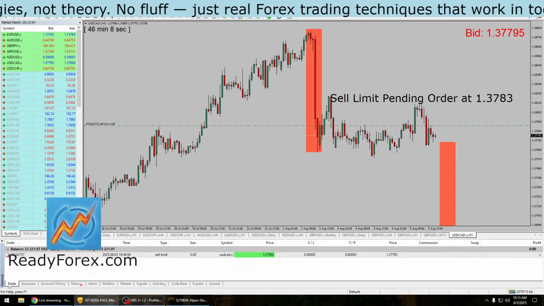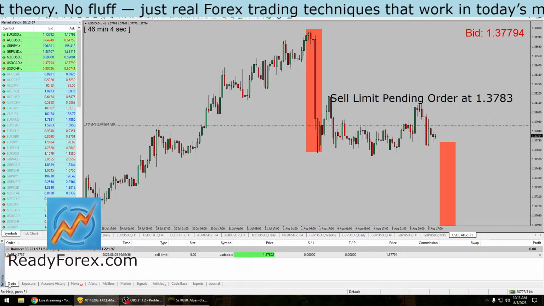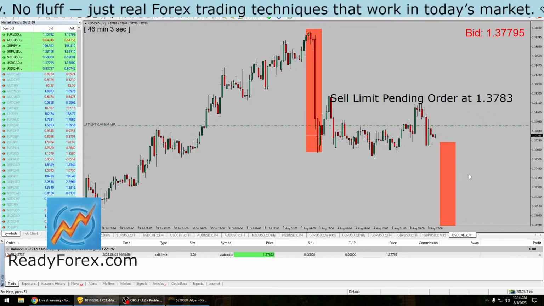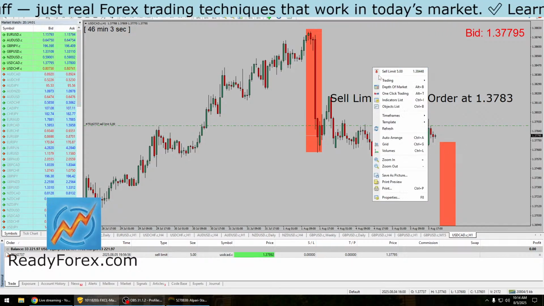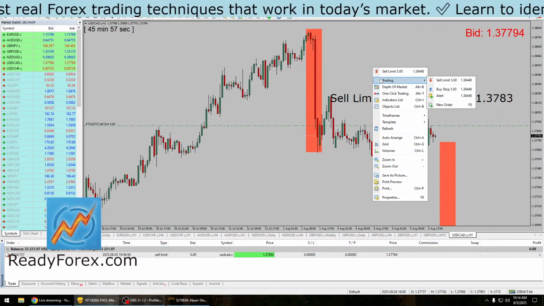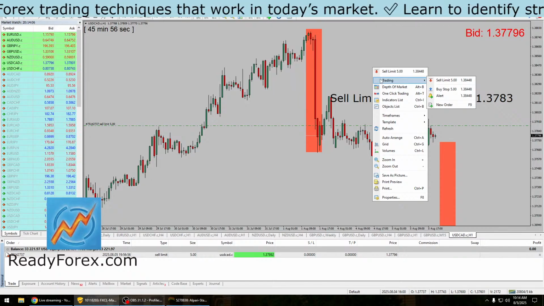I clicked on the trade tab. So I'm going to write it down over here as 1.3789.